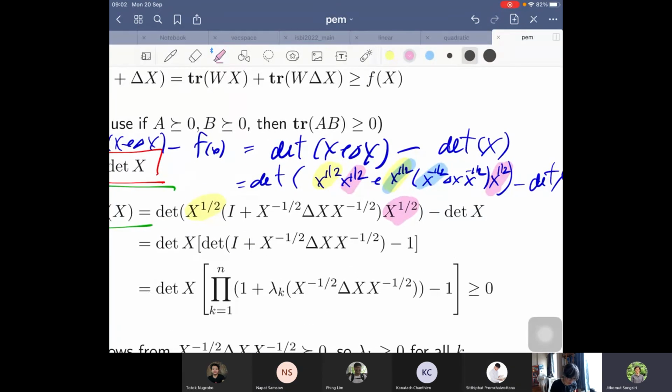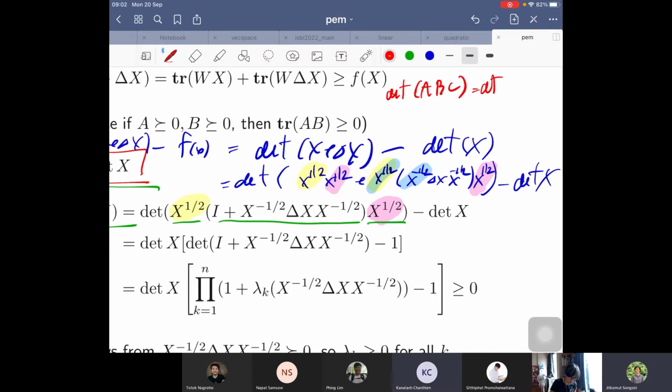Okay. So now you have the determinant of the product of three terms. What do you know about det(ABC)? It can be split into det A, det B, and det C. Now look at the first and the third one.